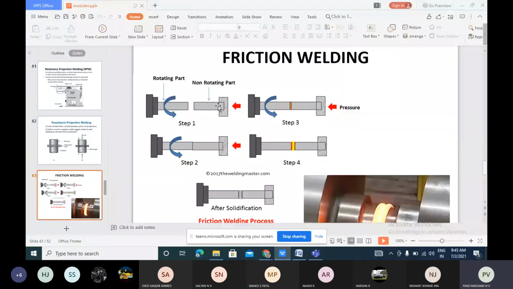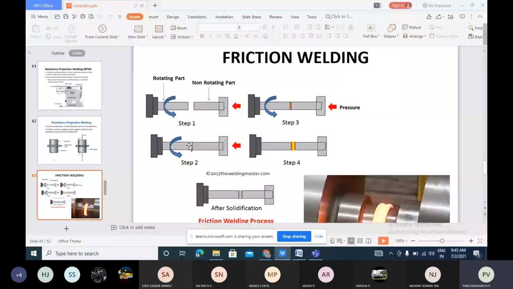In the lathe, parts are held on the chuck, the 3-jaw chuck, 4-jaw chuck you have studied. There we place the metal part. Then on the other side one more piece is loaded. Then one part starts rotating and axial force is maintained. Because of the pressure maintained axially and the rotation, friction is developed at the junction or interface.